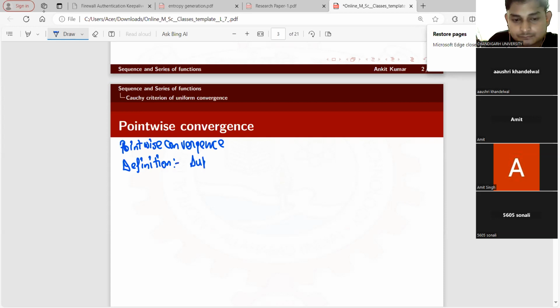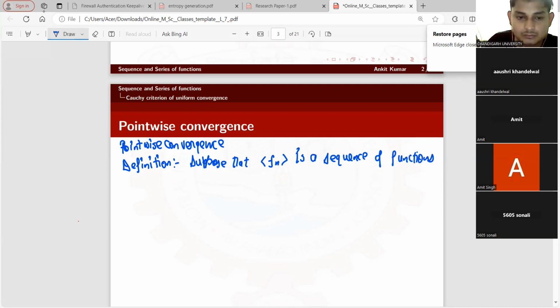Suppose that Fn is a sequence of functions, Fn is a mapping from A to R, and F is a mapping from A to R.